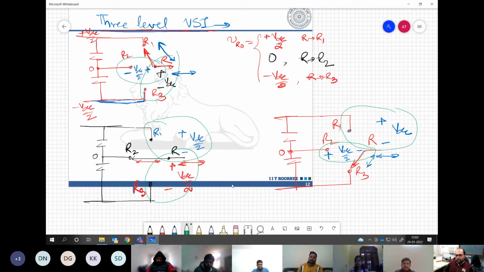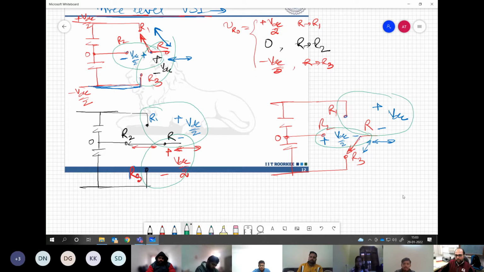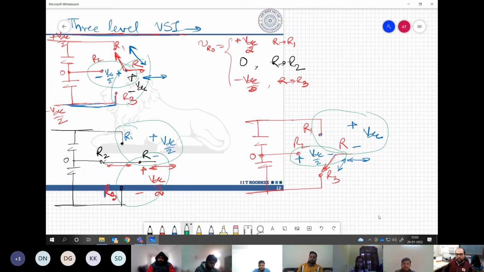So similar to drawing a conclusion from the previous voltage source converter, RR1 and RR3 are basically bidirectional current and unidirectional voltage. It's only a matter of connection how you do it. But for RR2, we need both polarities for the voltage and bidirectional current as well, since the polarity is changing.